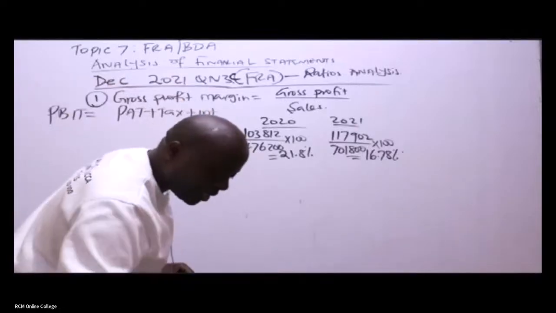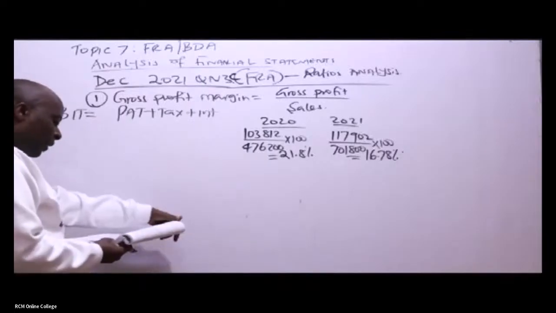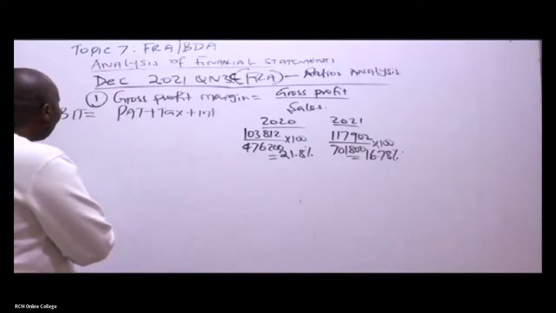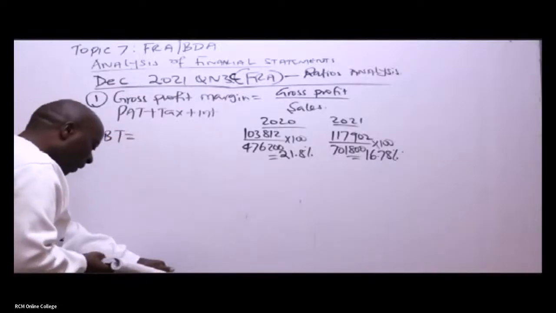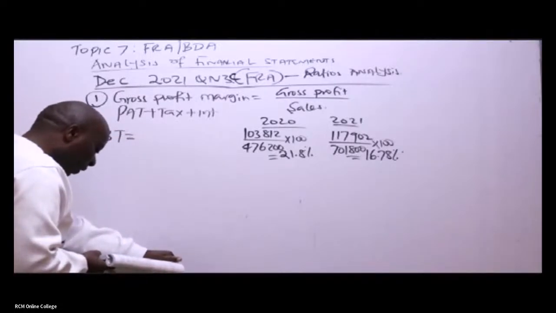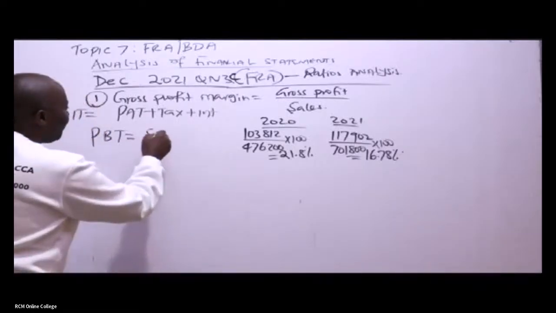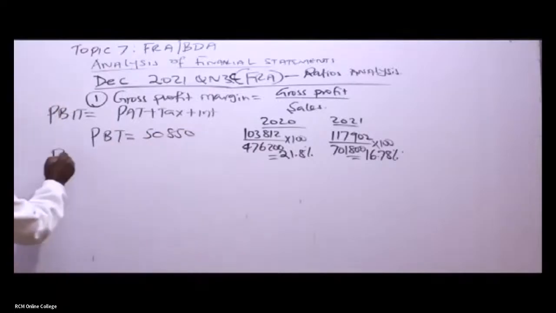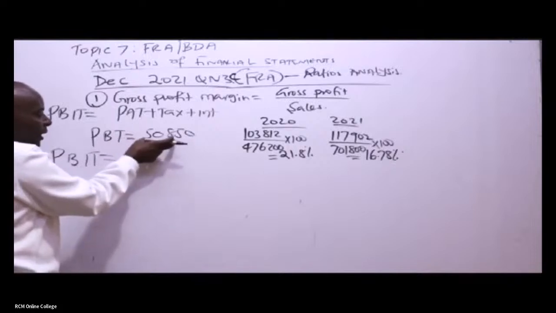Like in the question we are doing here, they have given me profit before tax of 850. And then I want to get PBIT. I remember as a finance student that this is after interest.